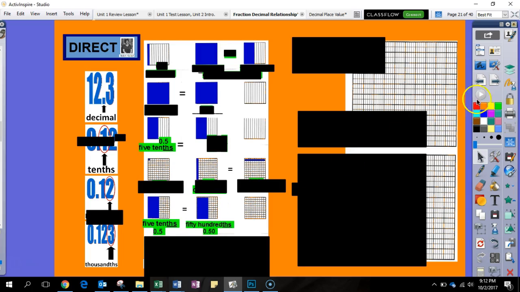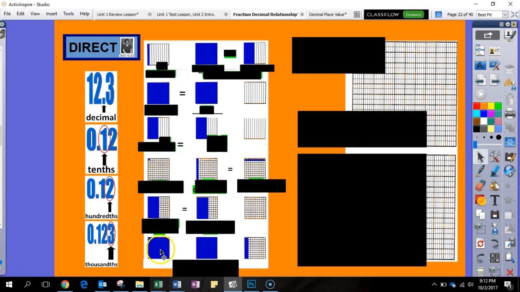And finally, in the last row on the front side of your paper, we're going to fill in a fully shaded square, another fully shaded square, and then 2 columns in the last square. So 2 fully shaded ones and 2 columns in the last one. When we put these together, we have these 2 wholes right here.